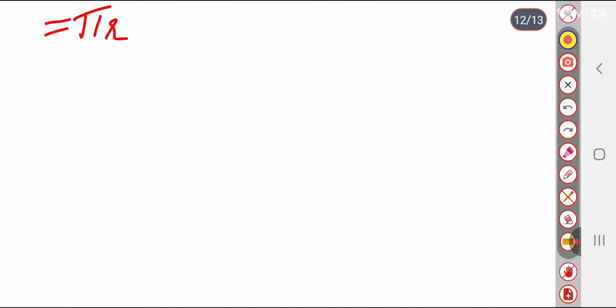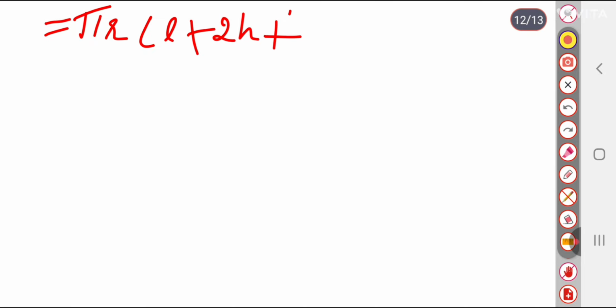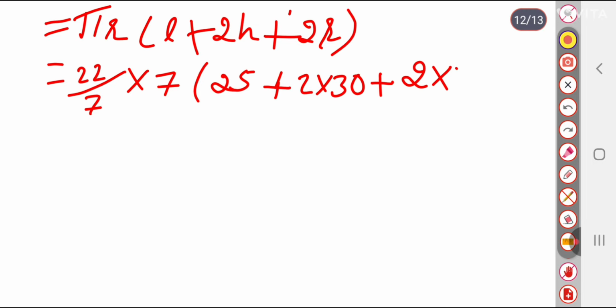πR(L + 2H) + 2R = 22/7 × 7 × (25 + 2 × 30) + 2 × 7, since the height of the cylinder is given as 30 and the radius is again 7.